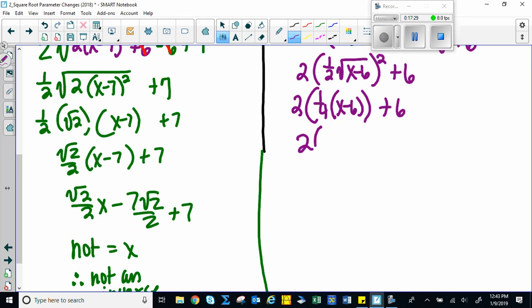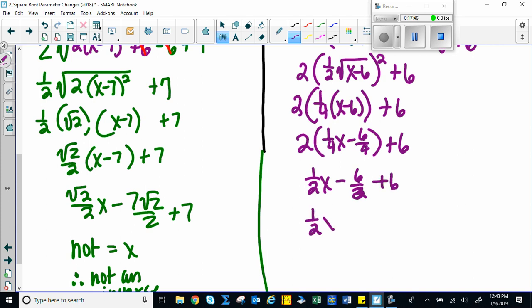So I have to distribute the 1/4: 1/4 x minus 6/4. If I distribute the 2, I get 1/2 x minus 6 over 2. Plus 6, which is 1/2 x minus 3 plus 6, or 1/2 x plus 3. Also not equal to x. So not an inverse.